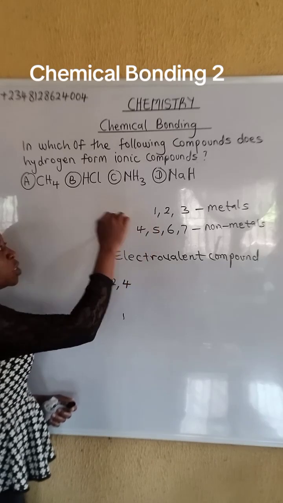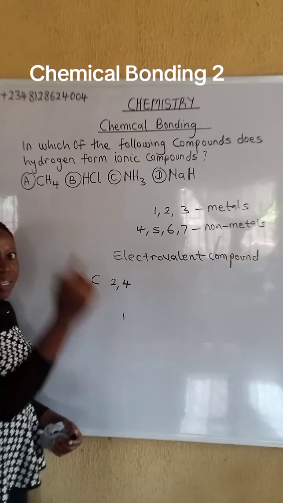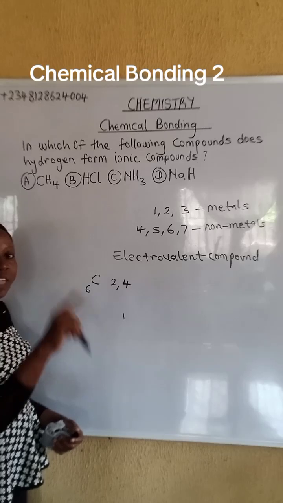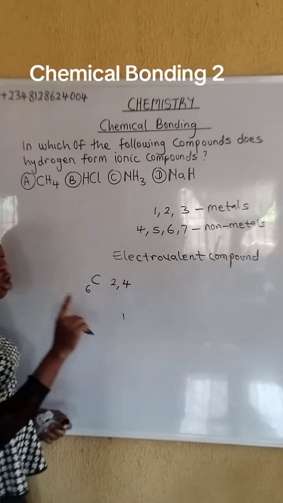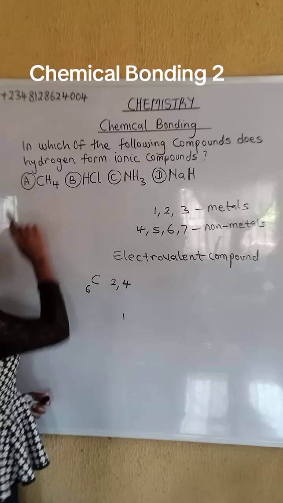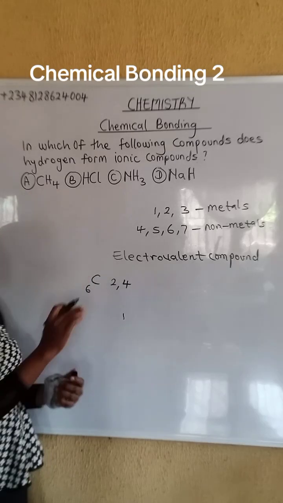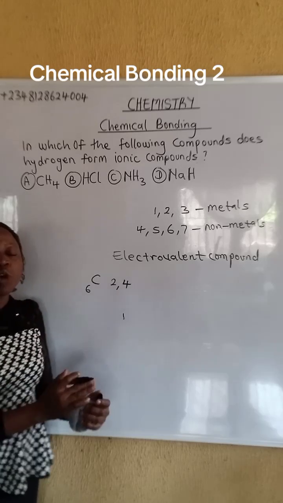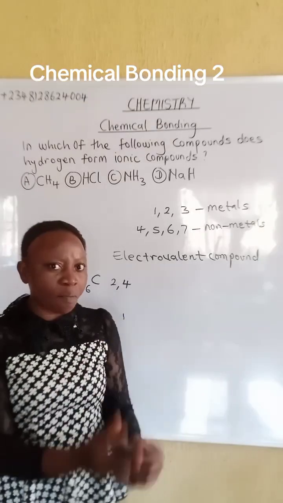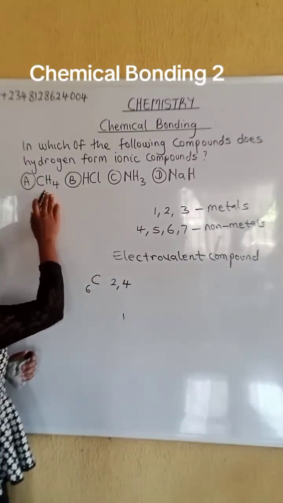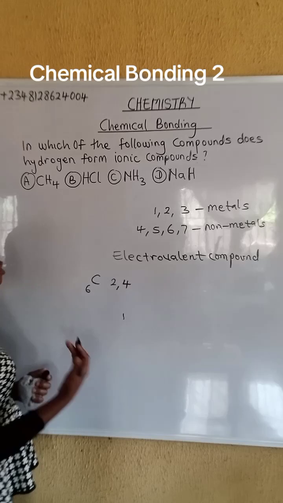Every other element with 1 valence electron is a metal except hydrogen. Hydrogen has 1 valence electron, but it is a non-metal. So carbon is a non-metal, hydrogen is a non-metal. So this is a covalent compound. When you have a non-metal and a non-metal, you call it a covalent compound. So this is a covalent compound, or you call this a covalent molecule.